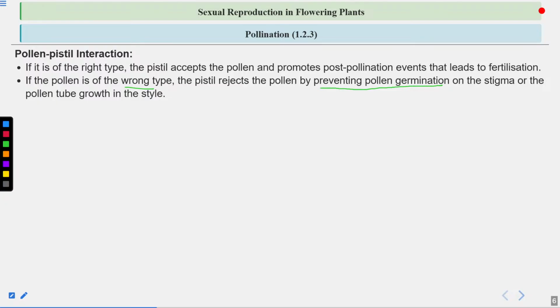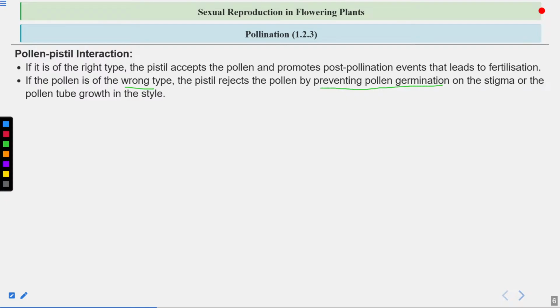According to that interaction, they are able to know whether they have the same gene or a different gene, and whether they are from the same species or a different species, right? So such communication or dialogue exists between the pollen grain and the stigma. The dialogue doesn't mean that they are talking like we are, like I am explaining to you and you are listening, asking questions in the chat box.